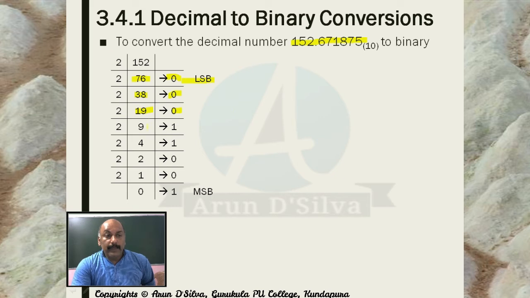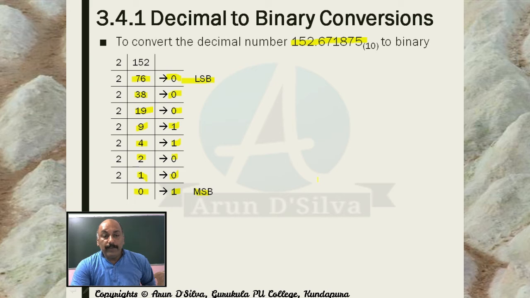Again I divided, it becomes quotient 9, remainder 1. After dividing once again, quotient is 4, remainder 1. Once again if I divide, quotient is 2, remainder 0. Again if I divide, quotient becomes 1, remainder 0. Again if I divide, quotient becomes 0 and remainder is 1. And this is the last one, so I call it the MSB.